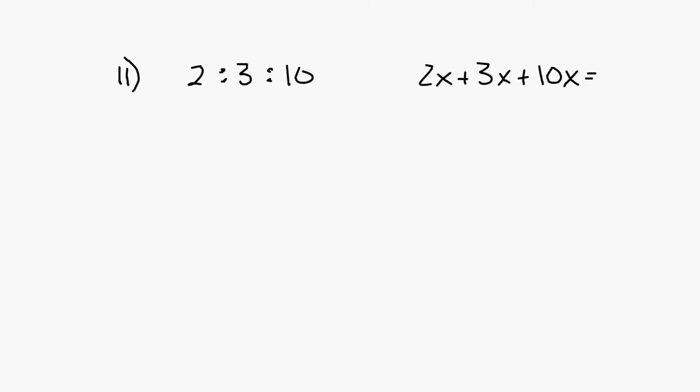Angles of a triangle. 180, good. So you combine like terms again, and 2 plus 3 is 5 plus 10 is 15x equals 180.